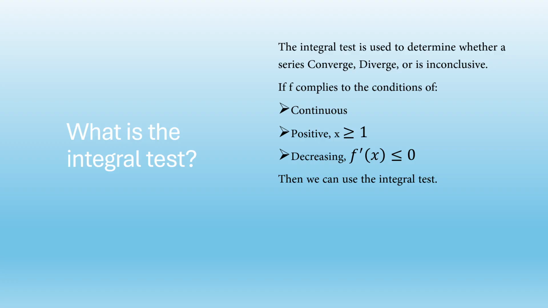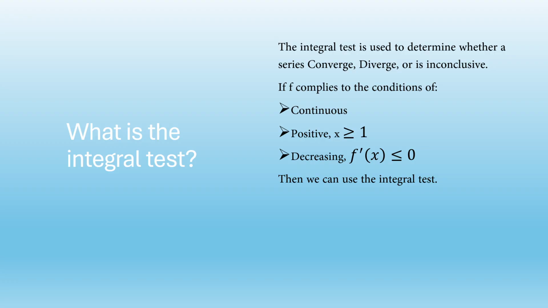What is it? Basically, like we said in the beginning, it is a way to tell if a series converges or diverges. But the series has to have the following conditions. It has to be continuous, meaning there's no breaks, no jumps, none of that. You should be able to take your pencil, follow the graph, and not have to lift it one moment.